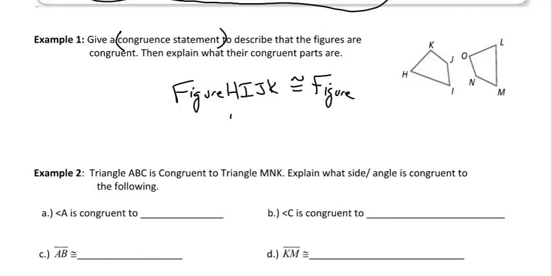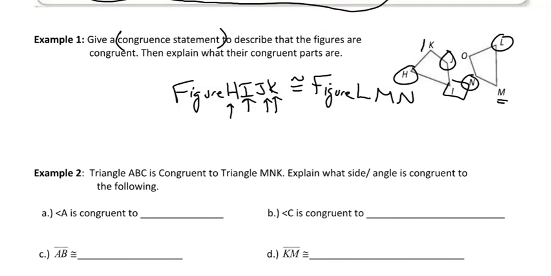Now we have to figure out what H corresponds to, it's like L. I corresponds to M. J corresponds to N. And K corresponds to O. That would be a congruent statement, stating that they are congruent.